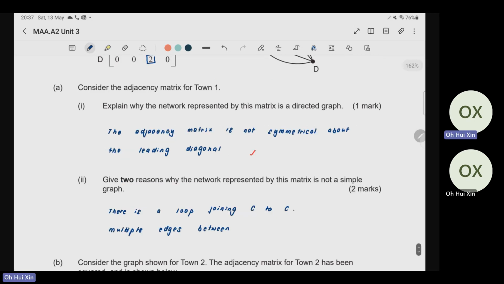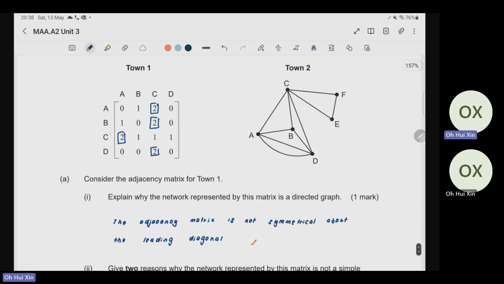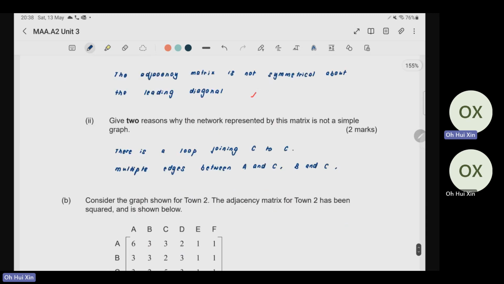All right, so multiple edges between A and C, B and C. Where else? Then we have C to A. We should write 2 because this is a directed graph.